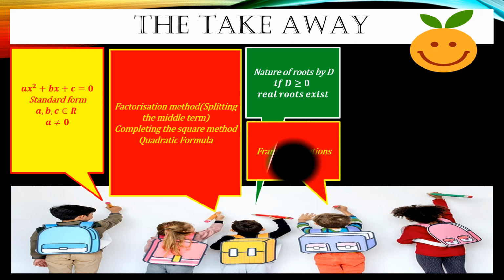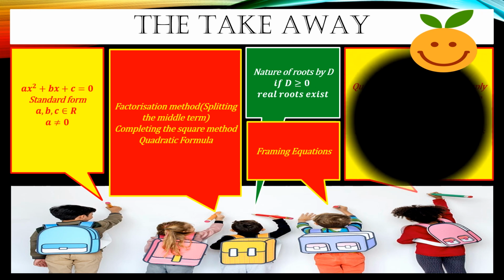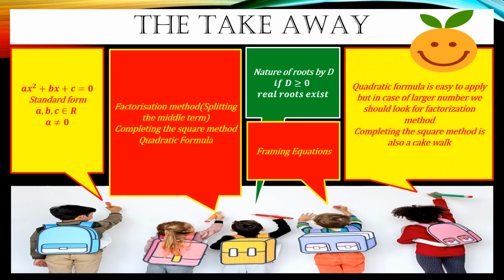Then we also learn how to frame equations from the given situations. We are given certain word problems and we have to frame equations first, then solve them, right? And also, out of the quadratic formula, completing the square method and factorization method, we see that the quadratic formula is easy to apply. But in case of larger numbers, we should look for the factorization method.